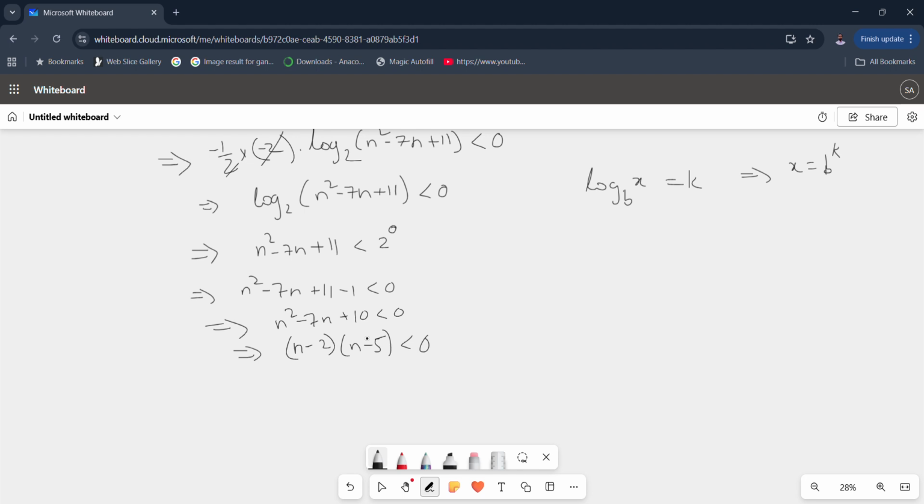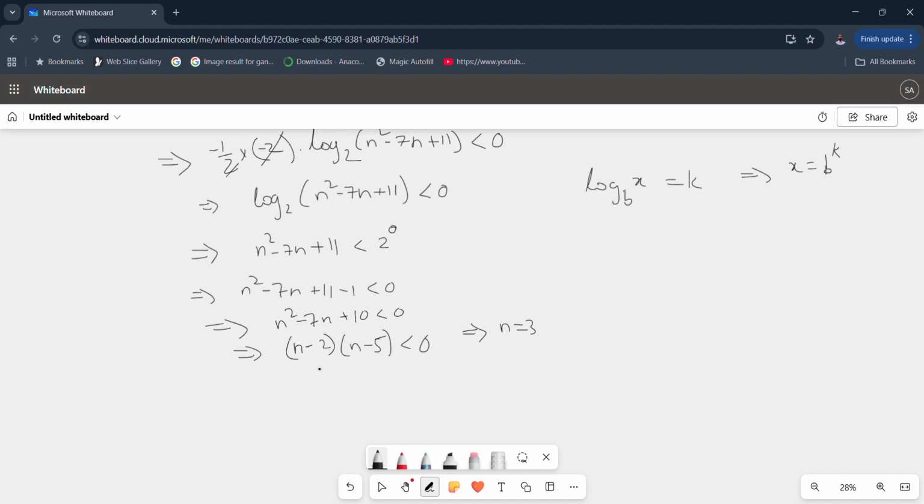Minus into minus will become positive, so it is not true for minus 1. If you put 2, it will become 0, which is also not satisfied. Let's put 3 here. 3 minus 2 is 1, and 3 minus 5 is minus 2.